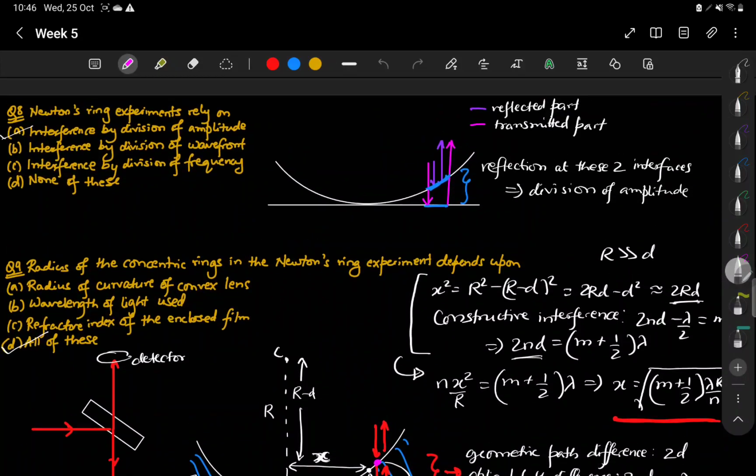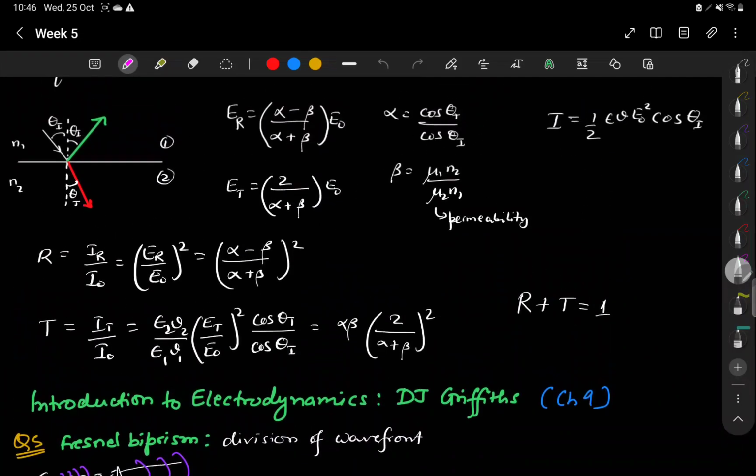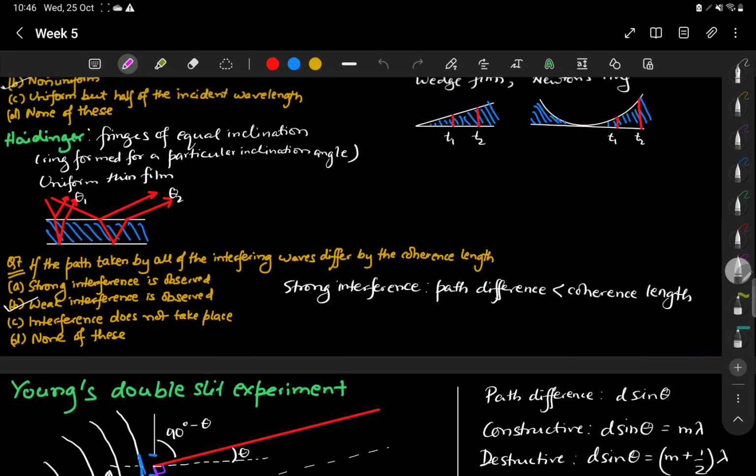We saw Newton's rings experiment, thin film interference and Fresnel's biprism, all these different setups from which we can observe interference effects.